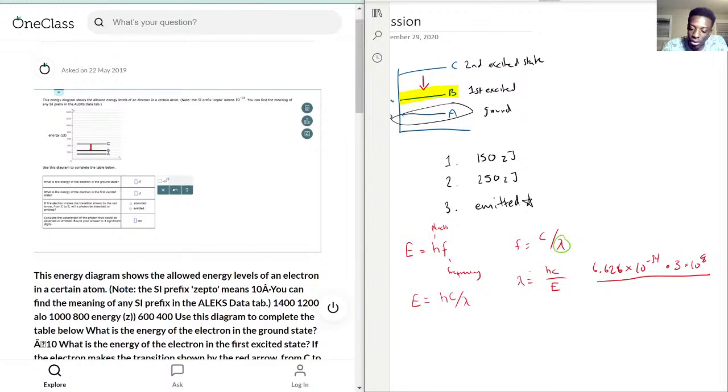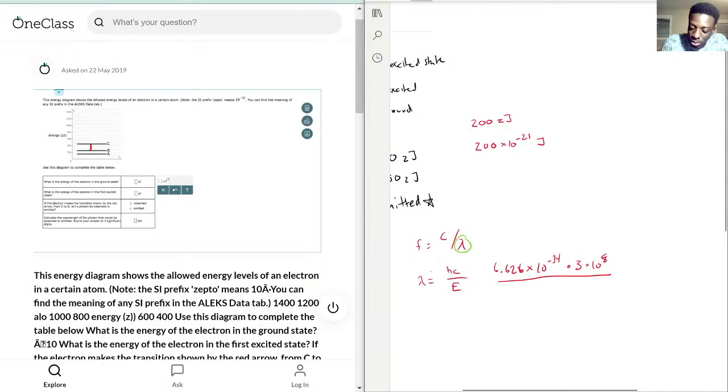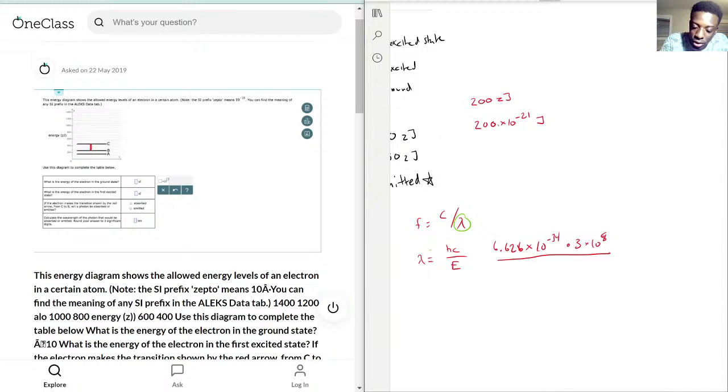And we have here our energy. The way we find that energy is because we have 450 and 250 zeptojoules, meaning the difference is 200 zeptojoules. Remember, zeptojoules is 10 to the negative 21. So really we have 200 times 10 to the negative 21 joules. You can move these decimals and you get 2 times 10 to the negative 19 joules.